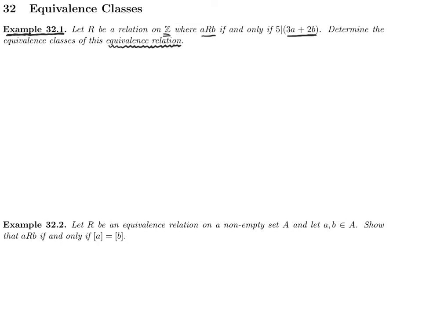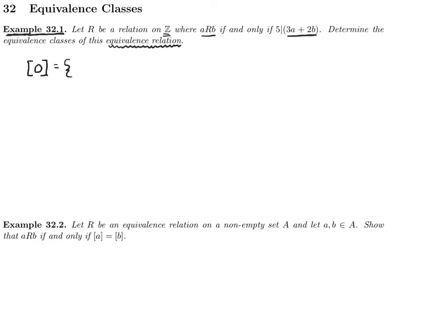So let's think about this. Again, we have an equivalence relation, and remember from the previous video, we can just pick an element and see what the equivalence class is of that element. And we can do this until we run out of elements. So let's start with 0. Let's see what's in the equivalence class of 0.